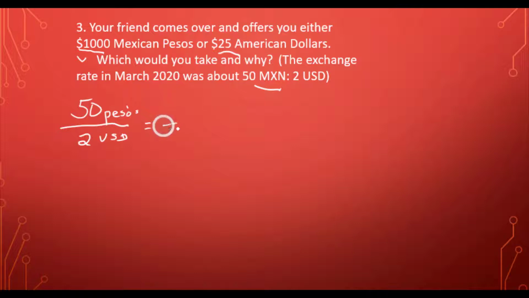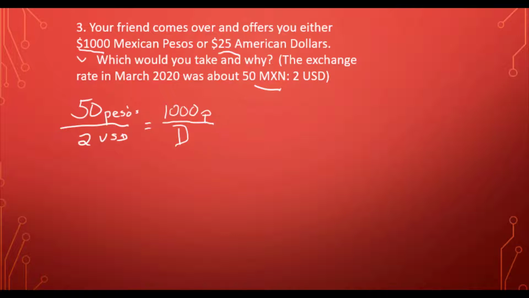Well, I am going to just simply say, okay, here's 1,000 pesos. So I want to find out how many dollars that's worth. And if that's worth more than $25, I'm going to take the pesos.